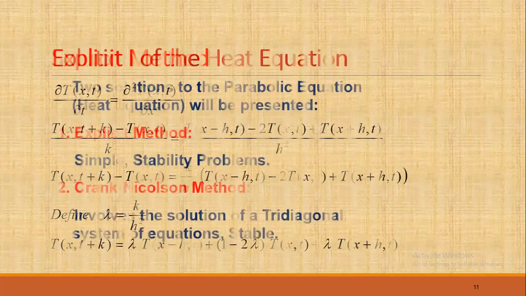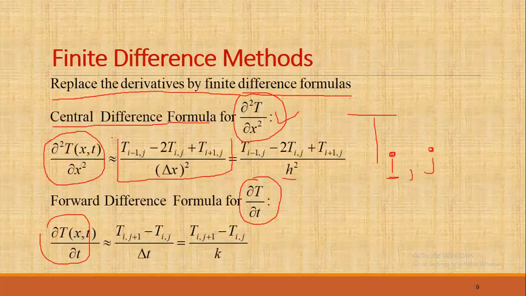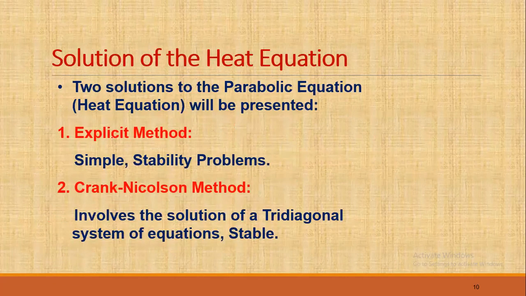Now, the explicit method. After that, there are two methods for finding the solution. Suppose we consider the one dimension heat equation. The first method is the explicit method, and the second one is the Crank-Nicholson method. The explicit method is simple, but it has a problem of instability. And why is Crank-Nicholson important?